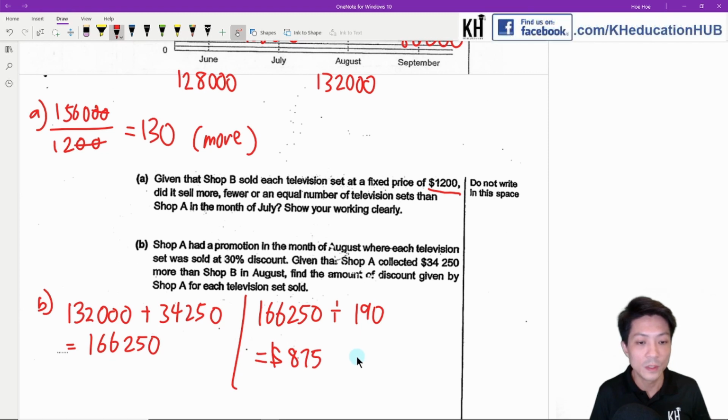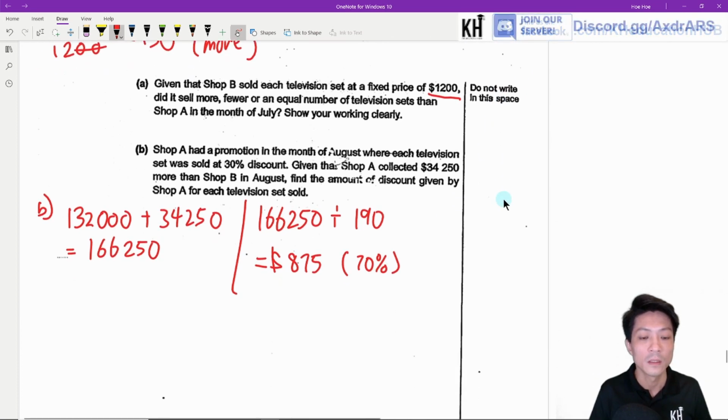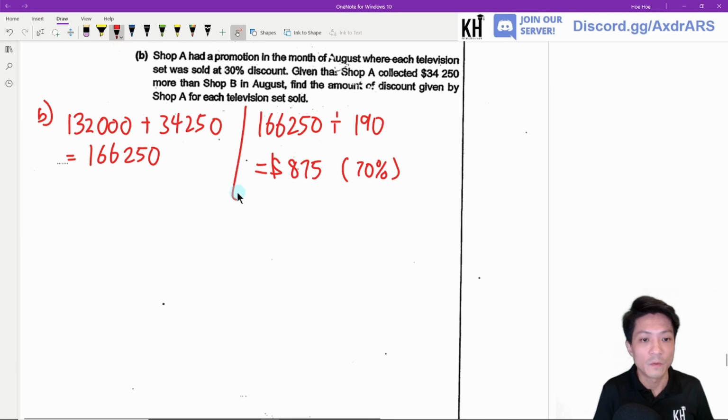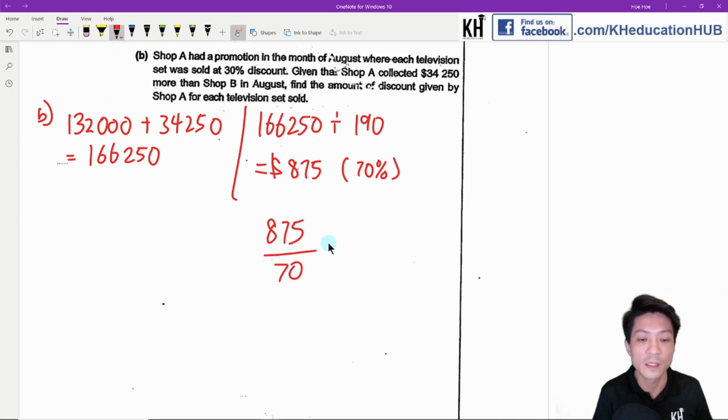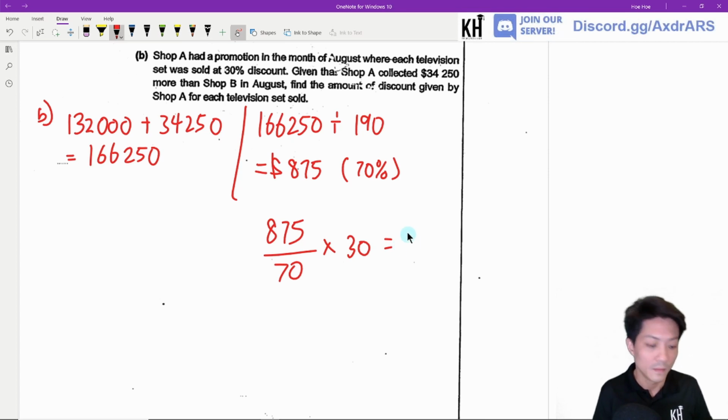Okay, so remember this one is sold at a 30% discount, which means this is 70%. So to find the amount discounted, I just need to use 875 divided by 70, then times 30. Okay, $375.